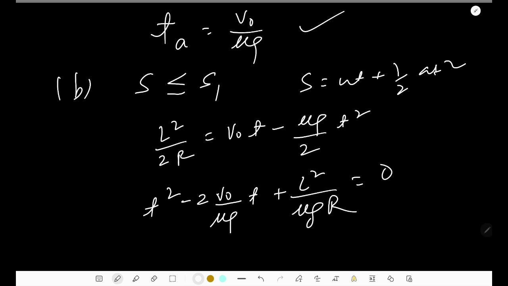And this is the quadratic equation. और इस क्वाड्रेटिक इक्वेशन के दो जो वैल्यूज होंगे वो हम लोग फाइंड आउट कर सकते हैं. And after finding them, one thing we will keep in mind. In this case, the time that comes, I am going to write it as tb, and tb must be less than ta.